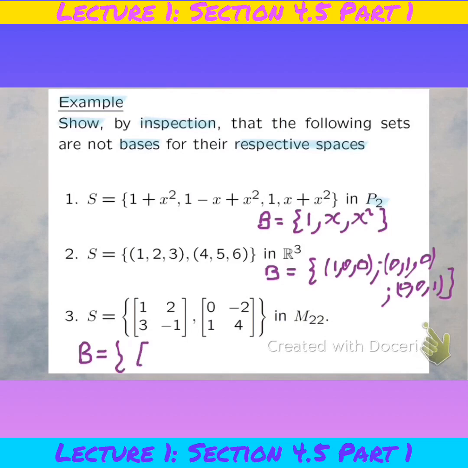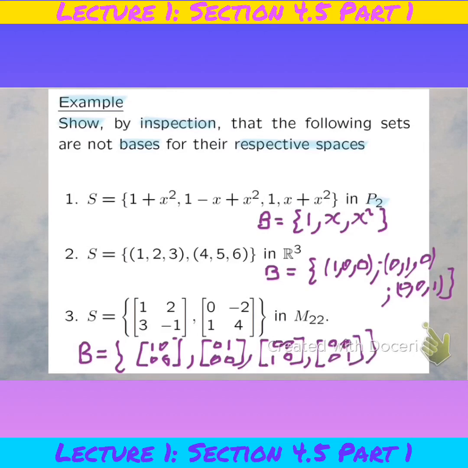The standard basis there is these matrices here: 0, 1, 0, 0; 0, 0, 1, 0; and the last one is 0, 0, 0, 1.